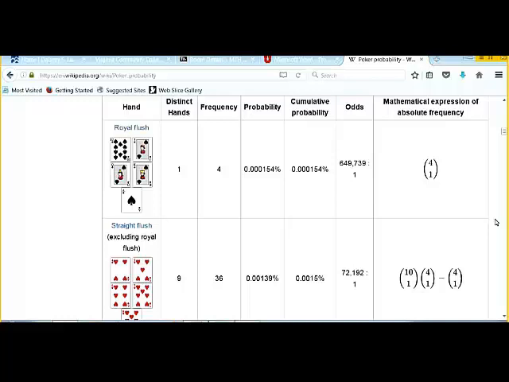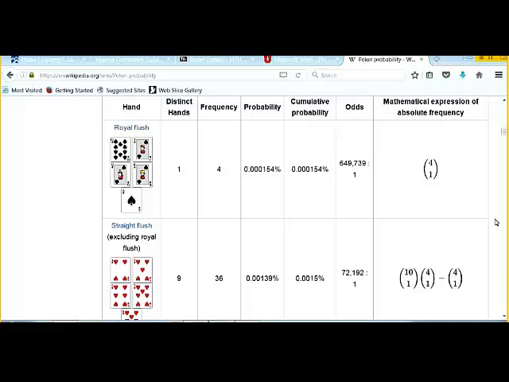A royal flush is the 10, Jack, Queen, King, Ace of one suit, and there are 4 instances of that. So to find the probability, you take 4 divided by 2.5 million of all the different hands.